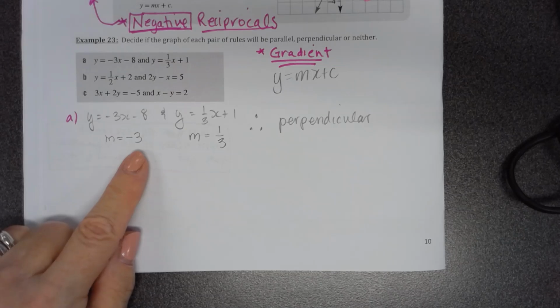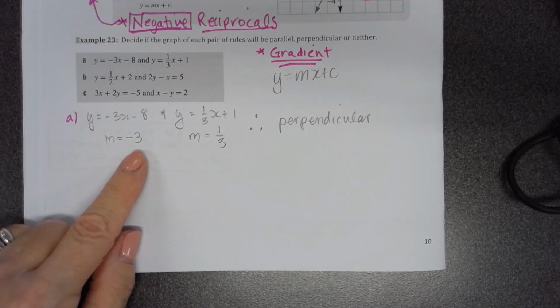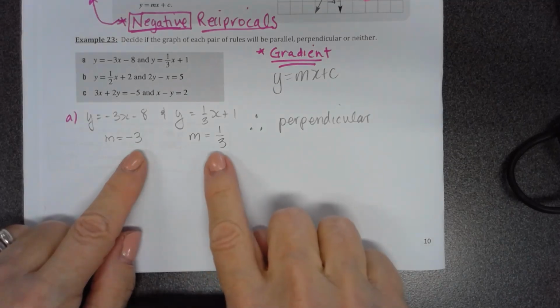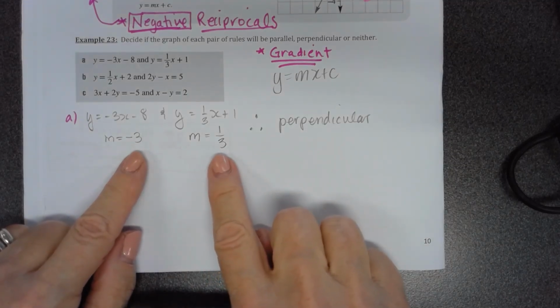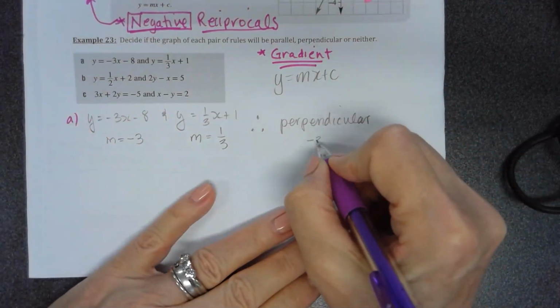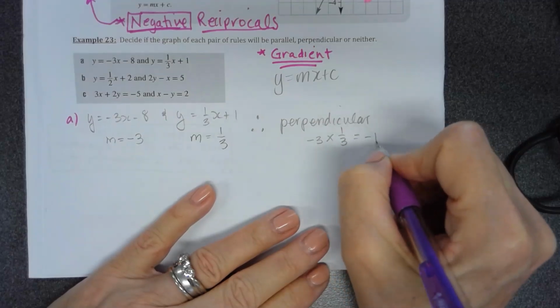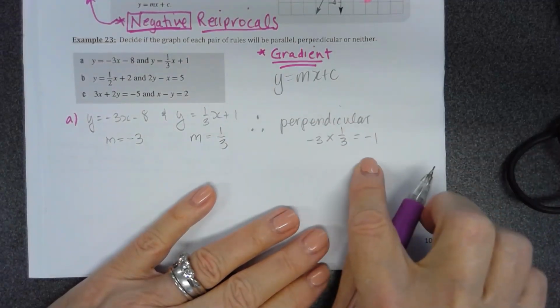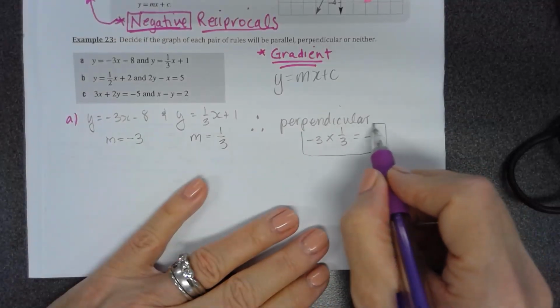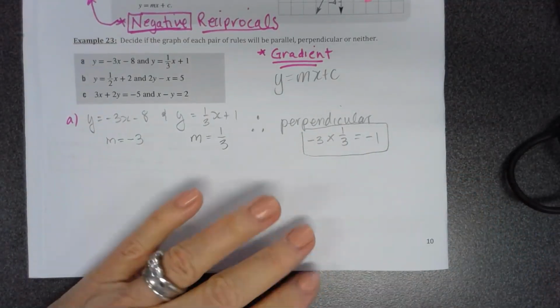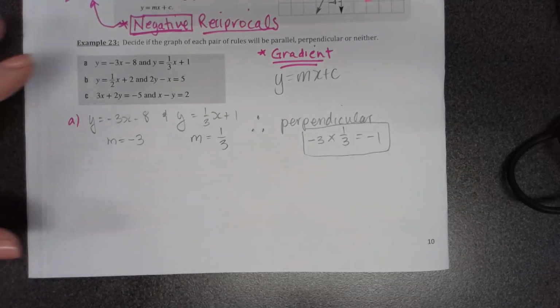They're definitely not parallel. They're perpendicular, because -3 times 1/3 is equal to -1. And you could type this in your calculator if you want. This is the rule that proves it. And I highlighted that rule upstairs in the notes.